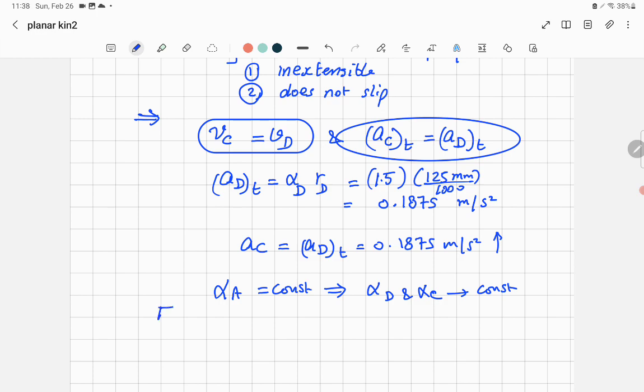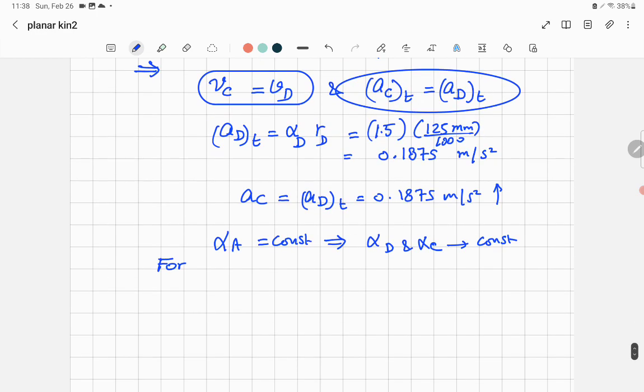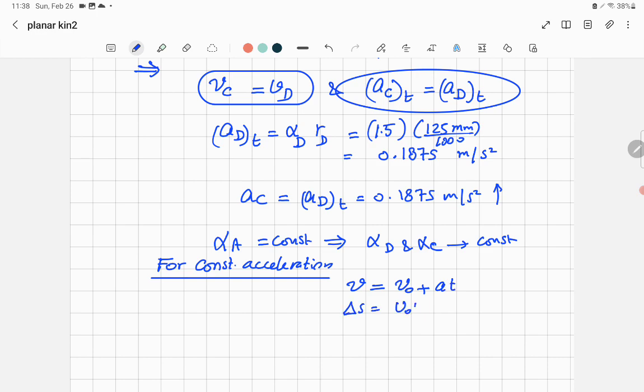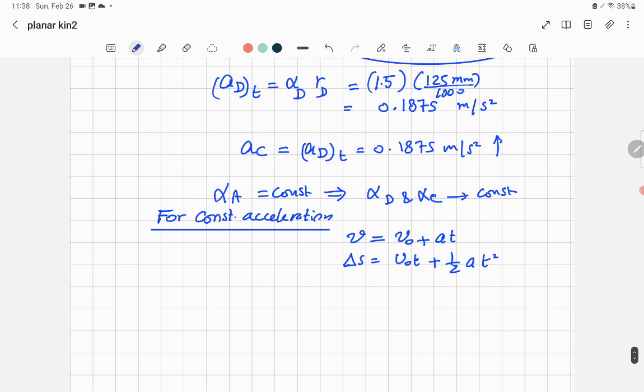So what equation are we going to use? The equation for constant acceleration. Once it's mentioned, we just use it. Easier, we're not going to integrate anything. For constant acceleration, the linear velocity is equal to the initial velocity plus acceleration times t, and the displacement is equal to V naught t plus 1/2 a t squared. That's for constant acceleration.